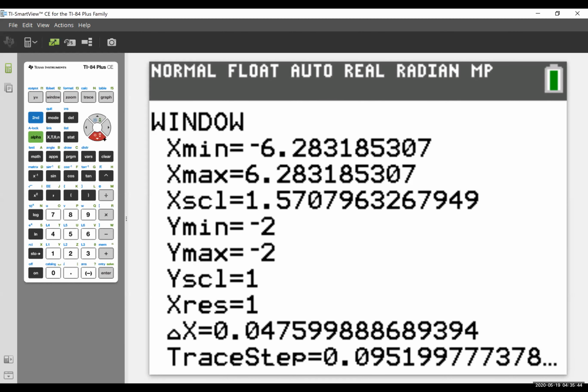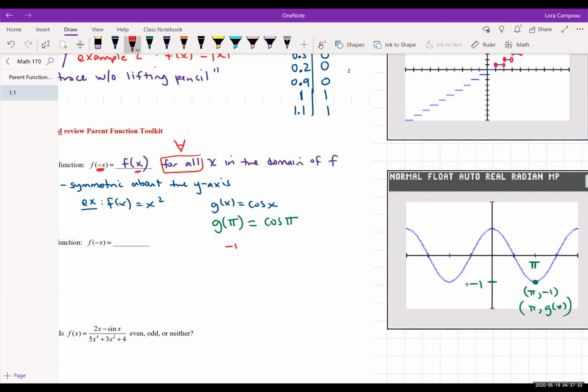So what this definition is trying to tell us is, if you were then to plug in -pi into your function, so that's over here, see if I can write that down in red, it should have the same value as its positive counterpart on the x-axis.